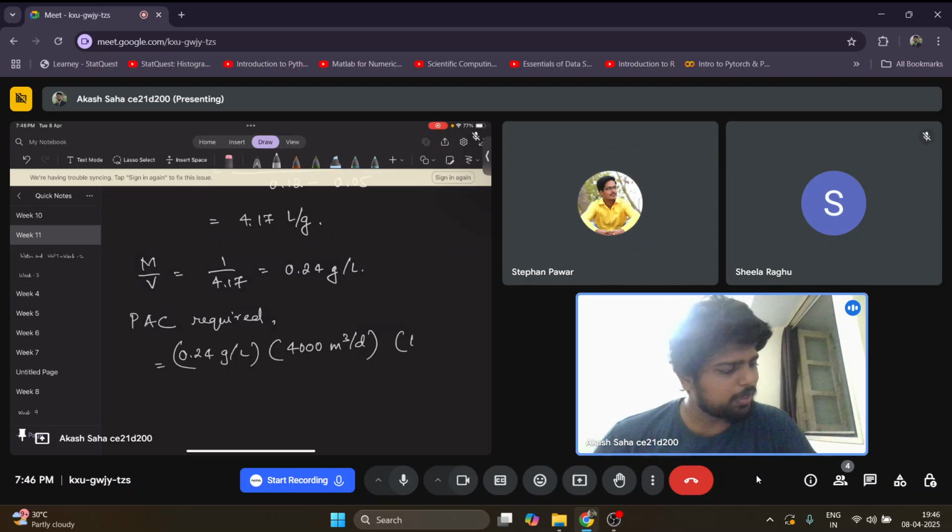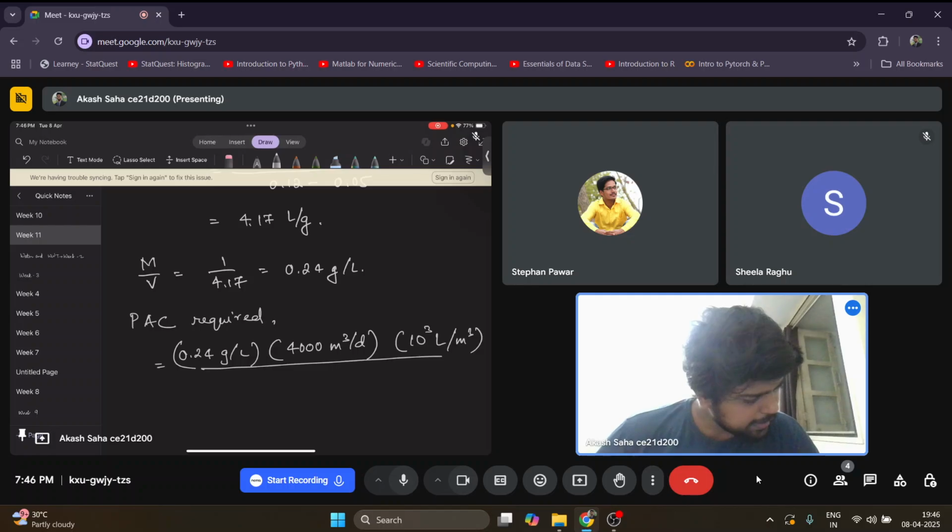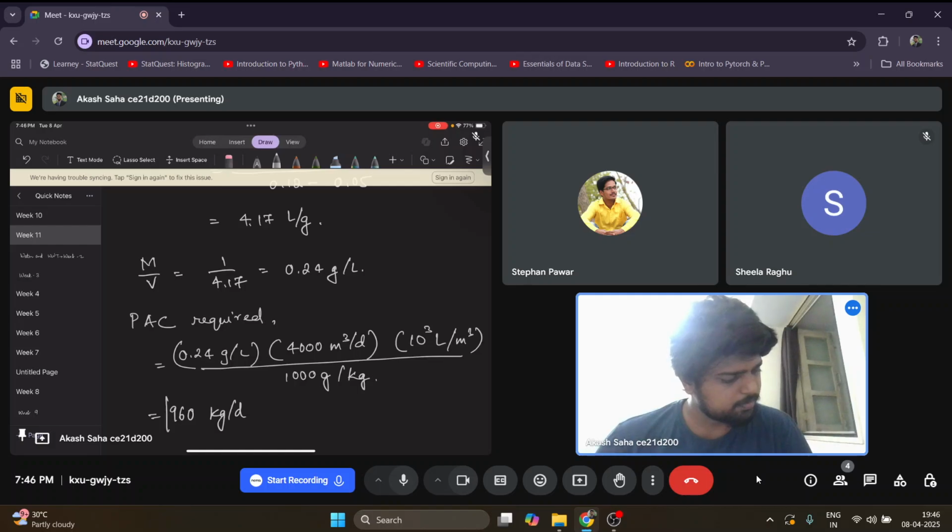So this meter cube I will change to liter, 10 to power 3 liter per meter cube, and I will also change gram to kg, 1000 gram per kg. If you solve everything, you will get 960 kilogram per day.